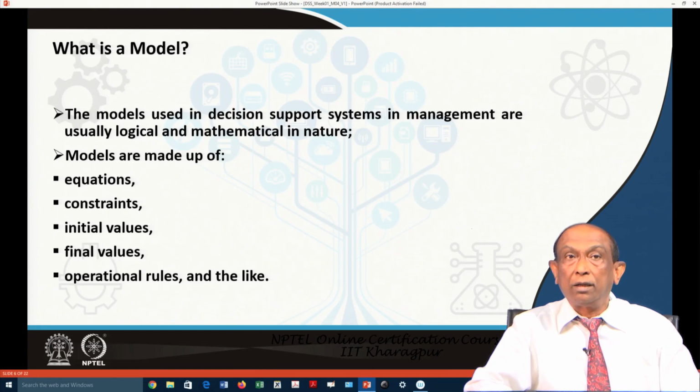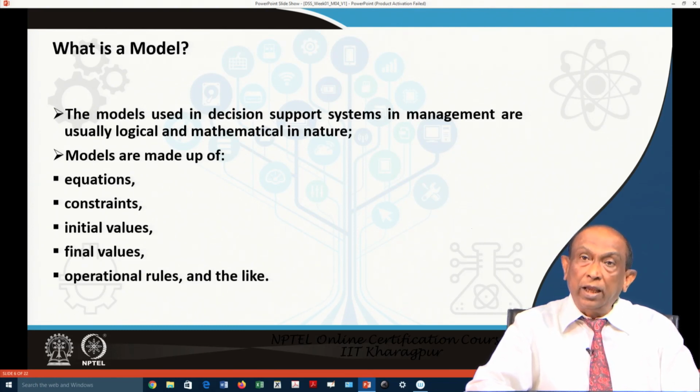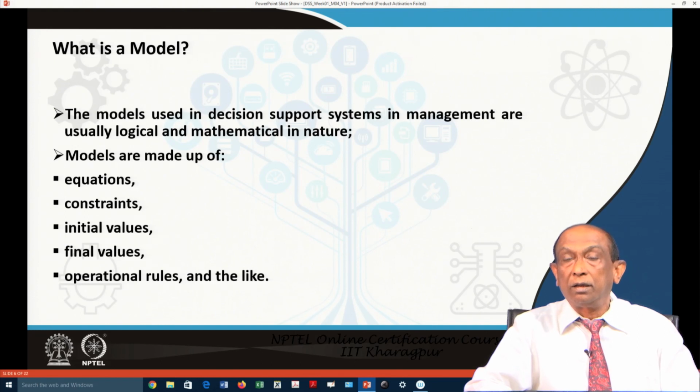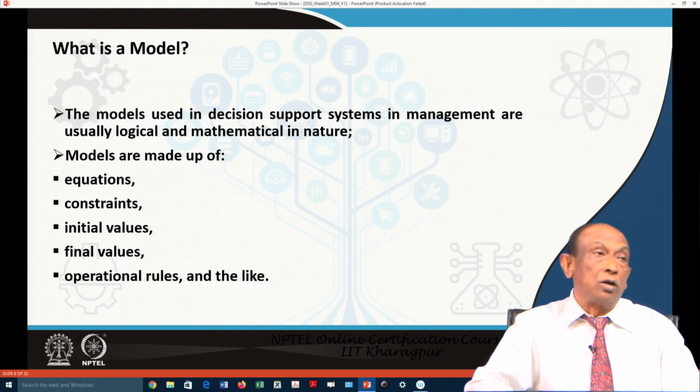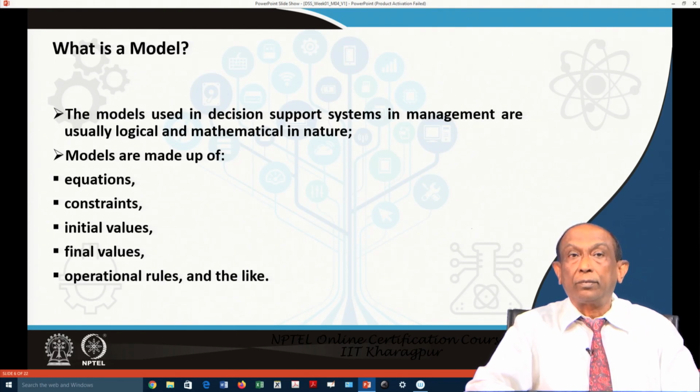Models in the area of management mainly consist of equations, constraints, initial values, final values, that is the boundary conditions, the operational rules, and so on.